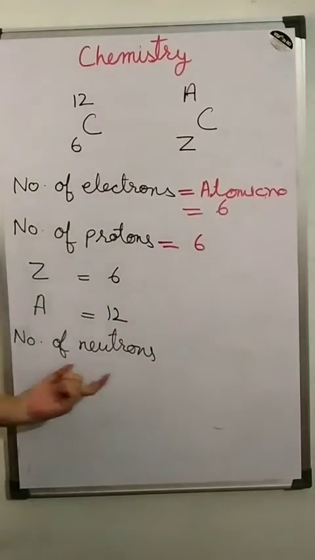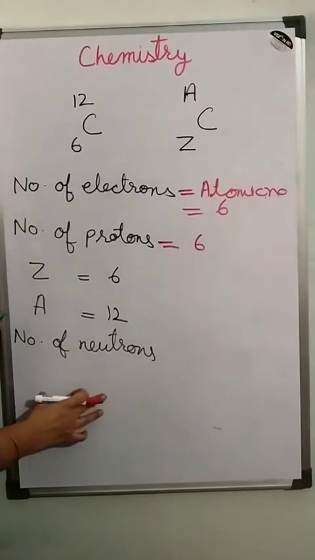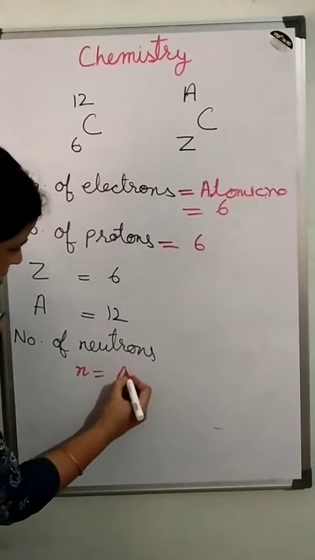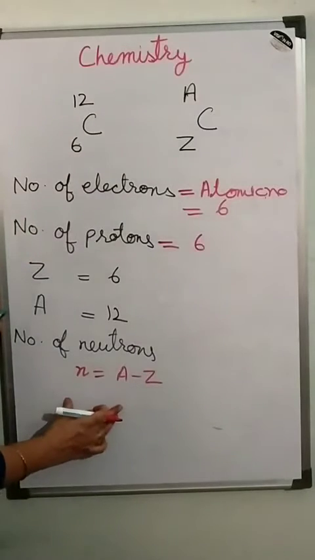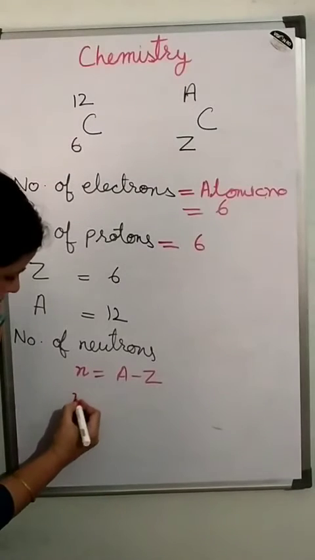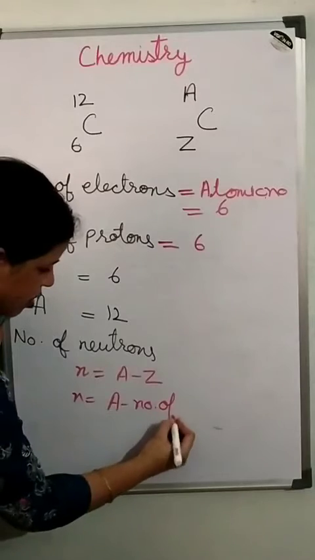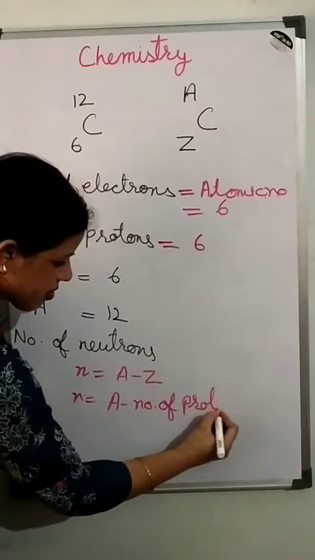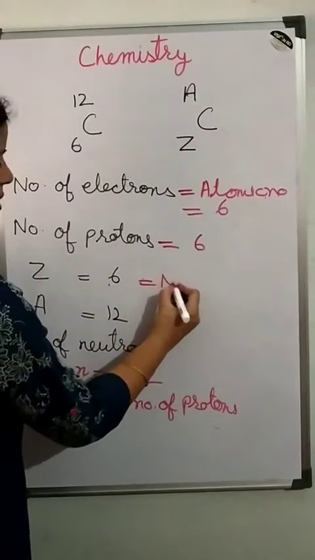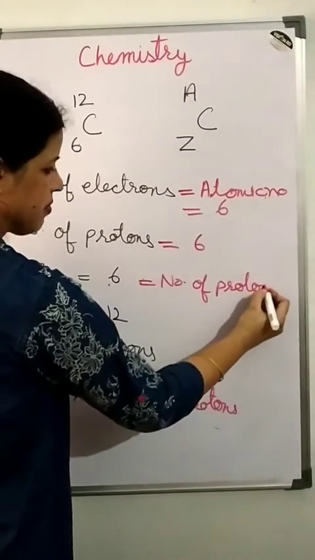Now the number of neutrons. How do we calculate the number of neutrons? N is equal to A minus Z, or we can say N is equal to A minus the number of protons, because Z is the number of protons.